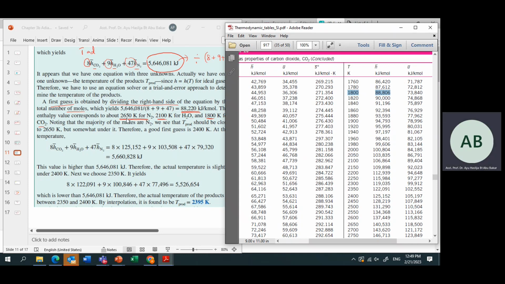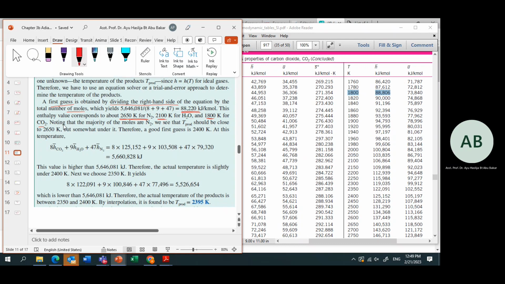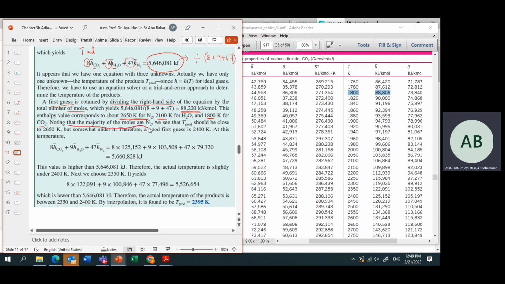For N2, you will find it around this temperature. So the statement over here, noting that the majority of the moles are N2, we see that T product should be close to 2650. They are taking the temperature from N2 as reference, so the T adiabatic must be closer to this temperature.